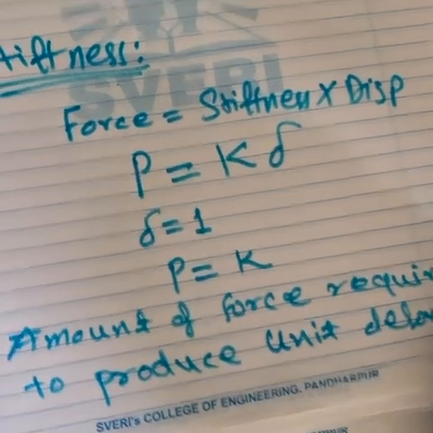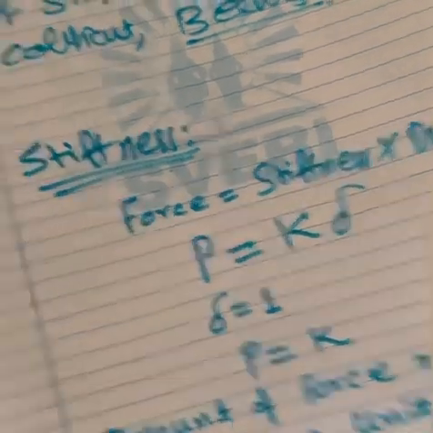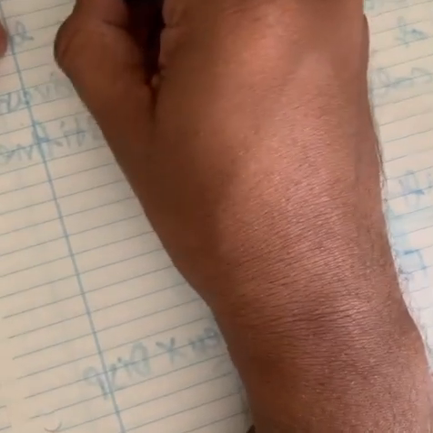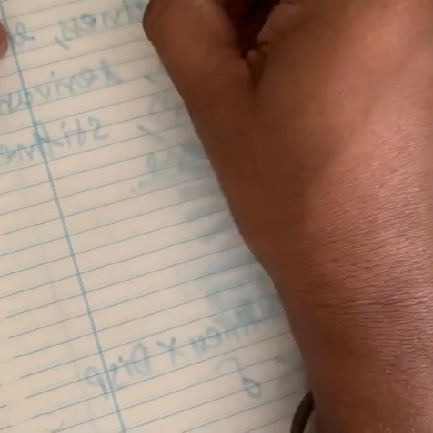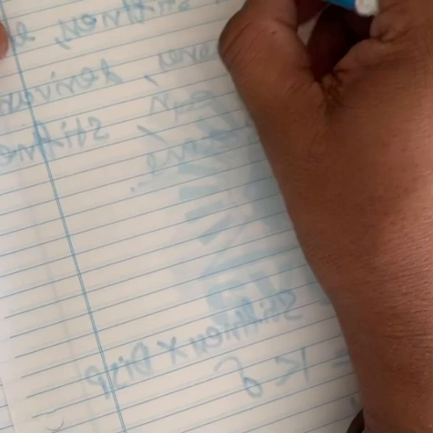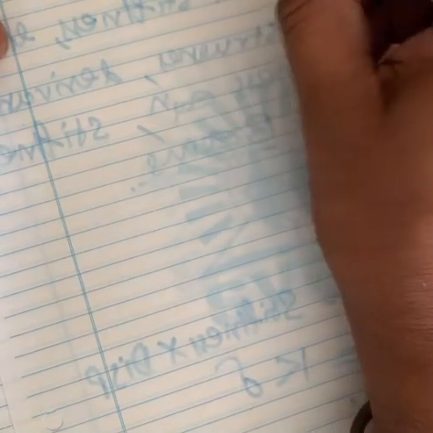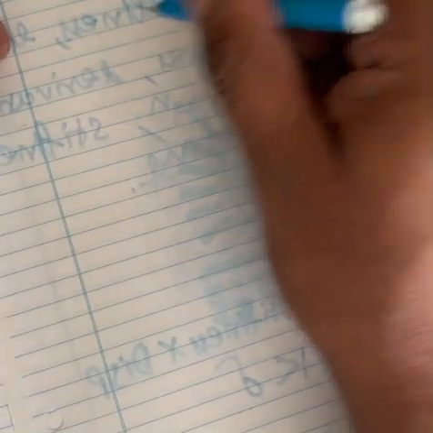Is it clear? So with that, similar to flexibility, here also you may have P_i is equal to K_ij into delta_j.